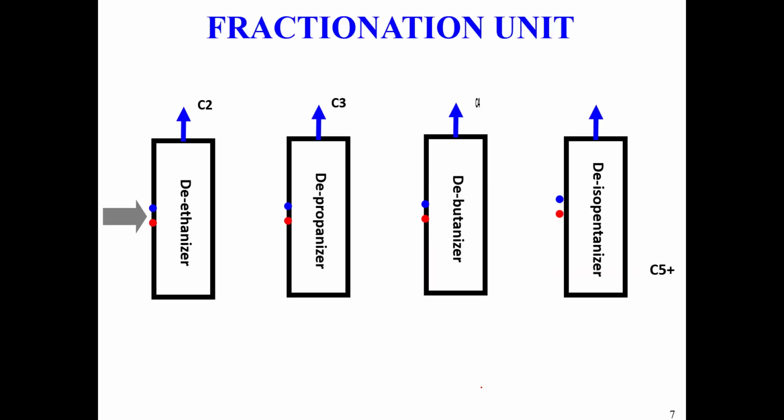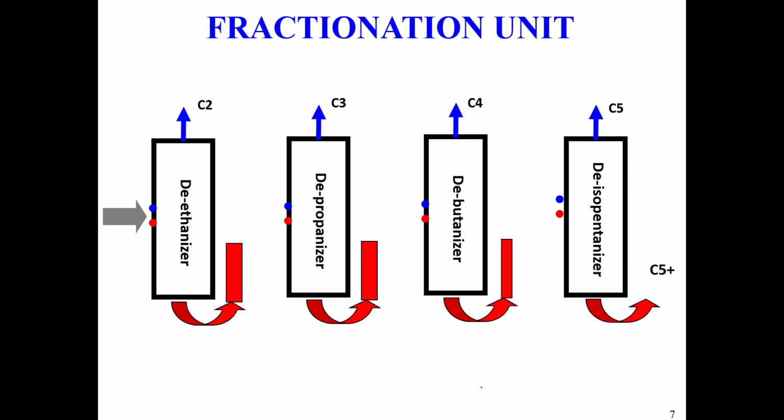Then, this is the overall view of the fractionation unit. It is a very simple picture. We have a De-ethanizer, a De-propanizer, a De-butanizer, and a De-isopentanizer.